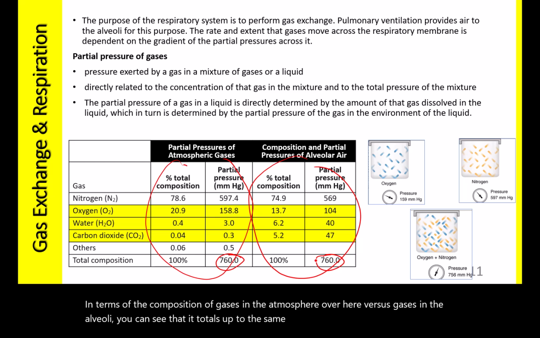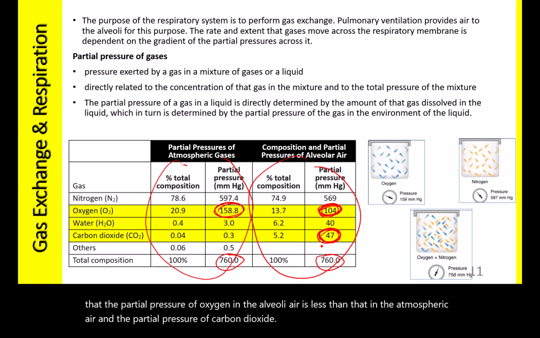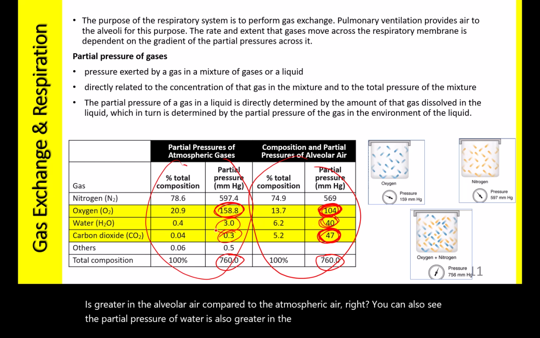But the partial pressure of oxygen in the alveolar air is less than that in the atmospheric air, and the partial pressure of carbon dioxide is greater in the alveolar air compared to the atmospheric air. The partial pressure of water is also greater in the alveolar air compared to the atmospheric air.